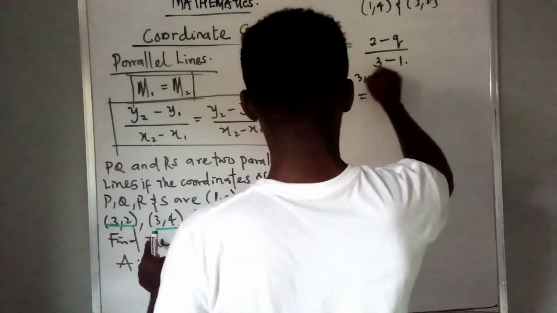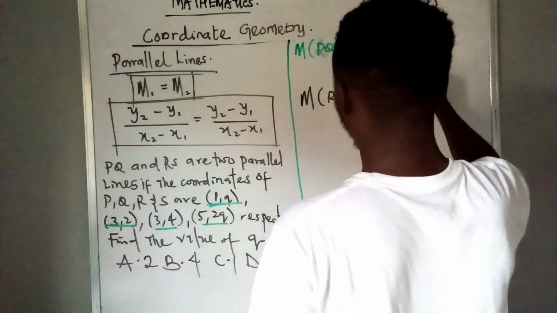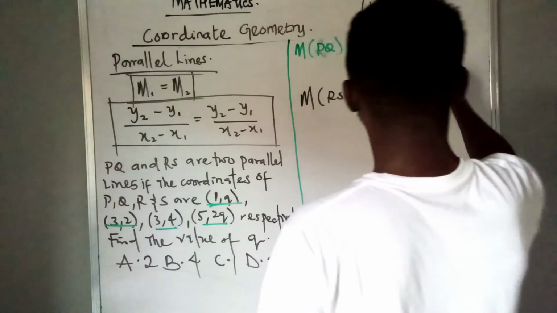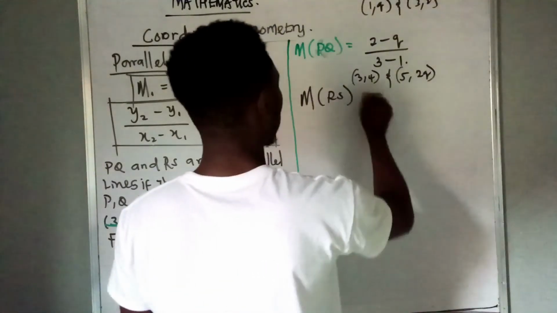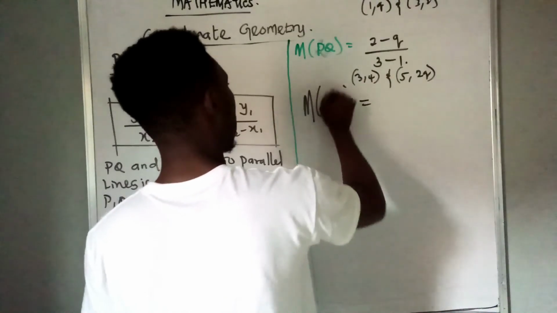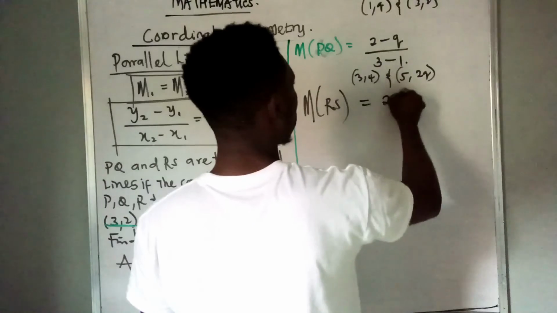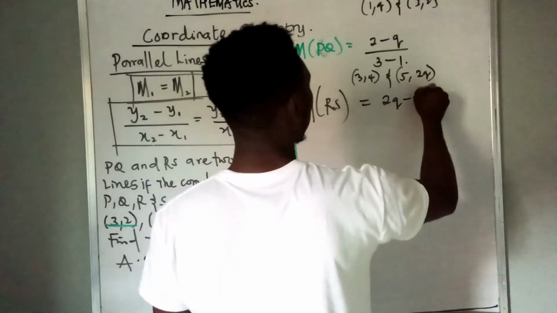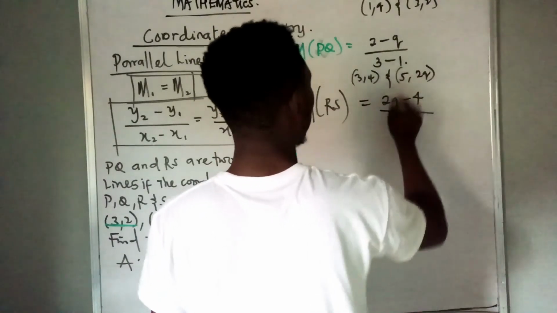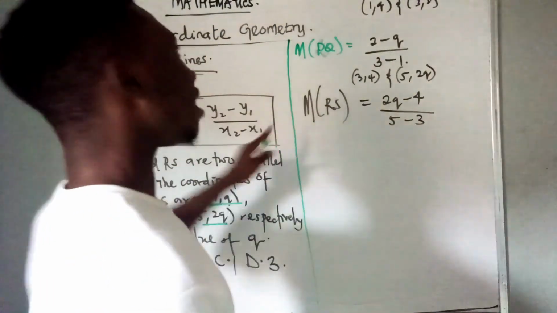We are having 3 comma 4 and 5 comma 2q. So this becomes the slope of RS. So this becomes 2q minus 4 all over 5 minus 3.